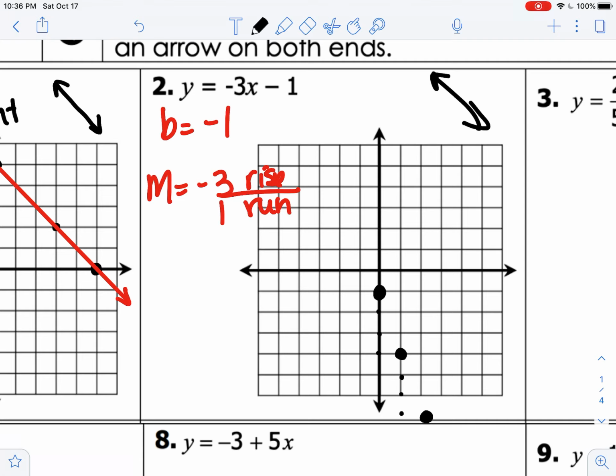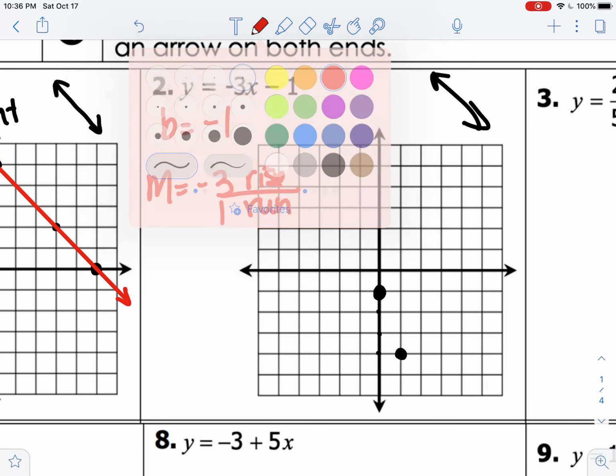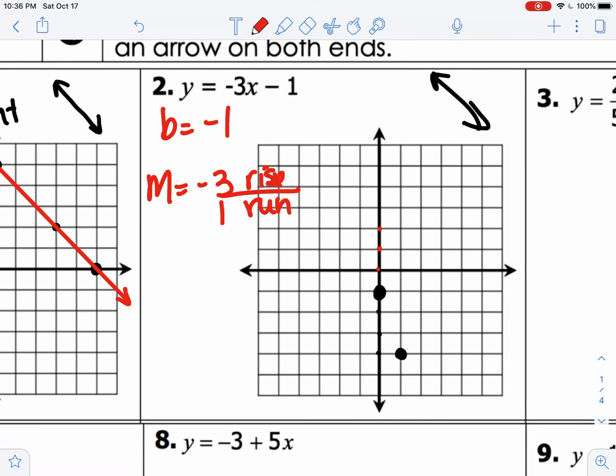So if you notice how it kind of goes off my page, well, if it's going to go off your page, I don't want you to use it. So I wonder, since I can't go in that direction, if I could go in the opposite direction, but just instead of going to the right, we would go up 1, let me get a marker. I'll get a different color. We'd go up 1, 2, 3, but instead of going to the right, we'd go to the left.